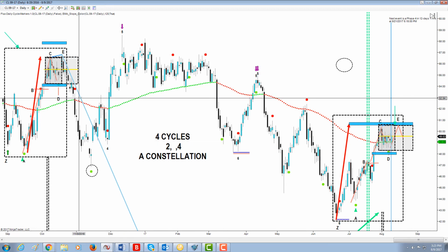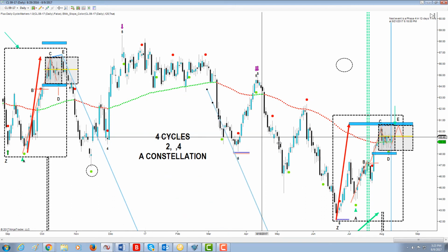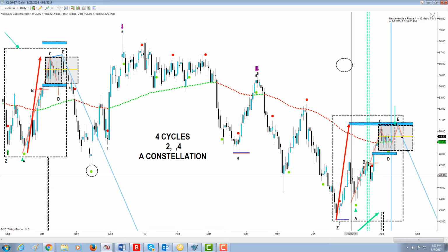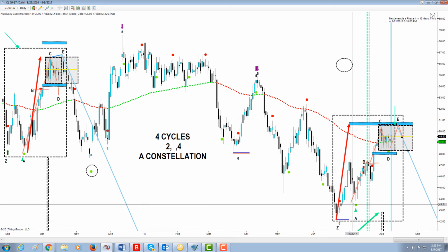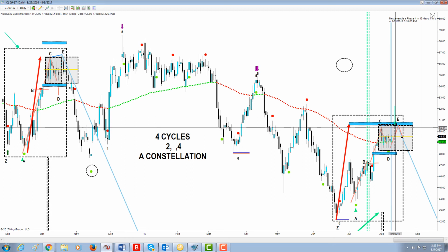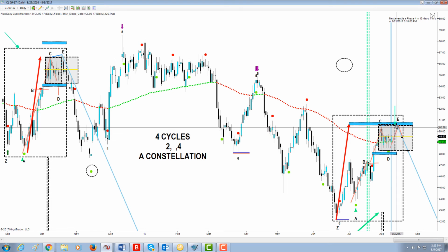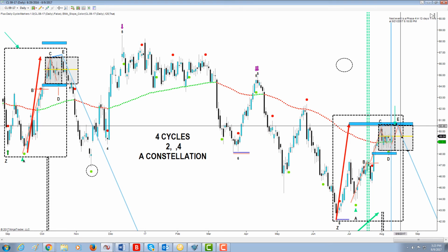So I'm going to take this blue line here, copy it, and paste it over here. If this pattern is going to repeat the way that it did, at the very least we're going to see crude go from the 49.40 area up to the 50.50 area. So that's 100 ticks, or about $1,000 per contract available if that move continues to move higher.